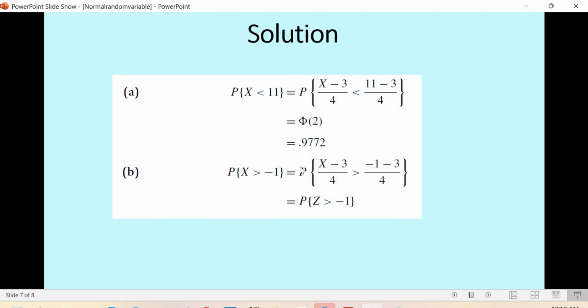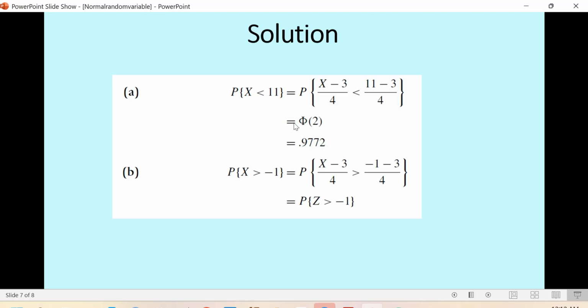Following the previous method for the transformation to the standard normal distribution, for the first problem, P of x less than 11 is the same as phi of 2, because (x minus 3) less than (11 minus 3) divided by 4 equals 2.